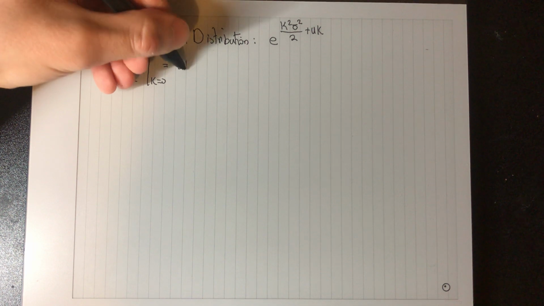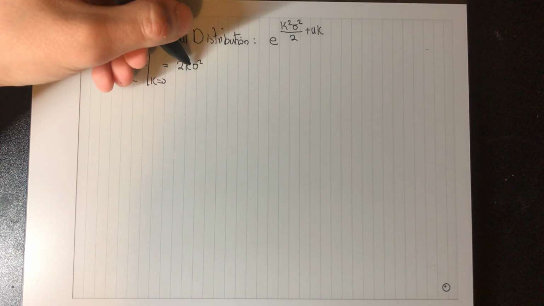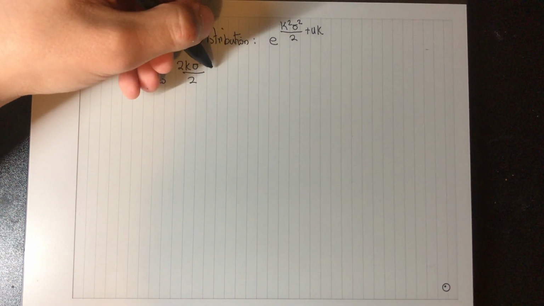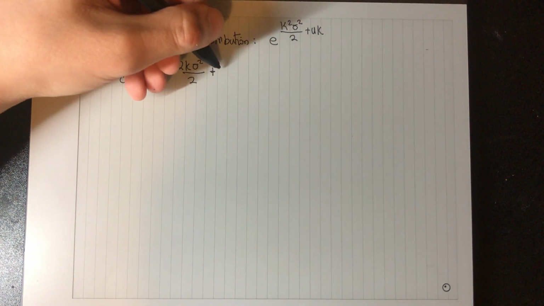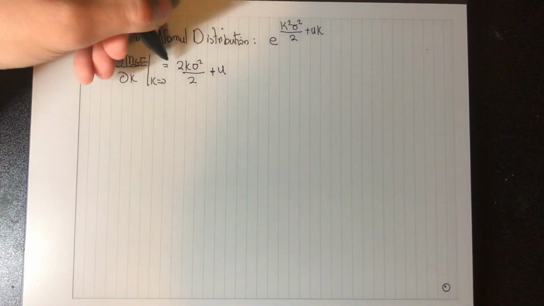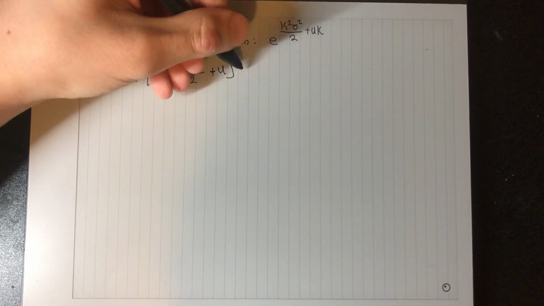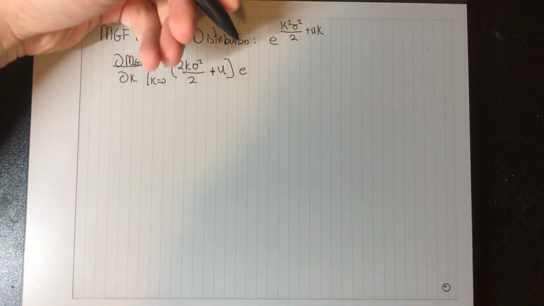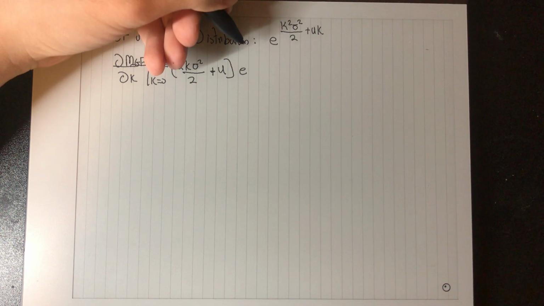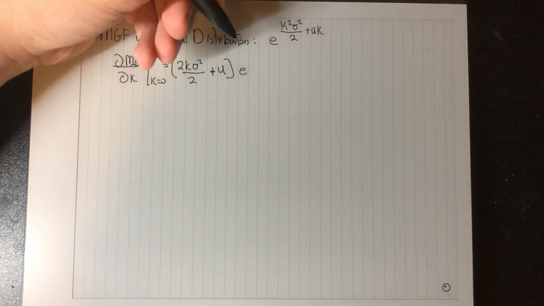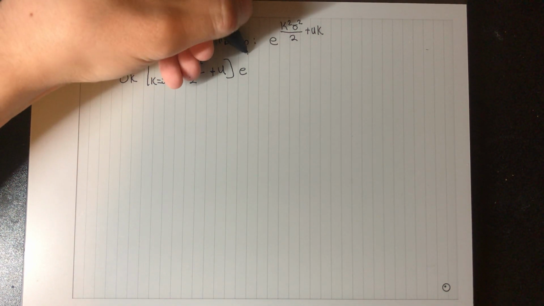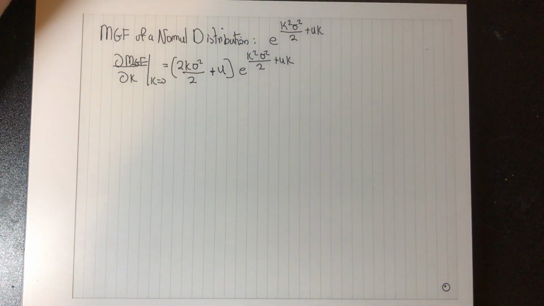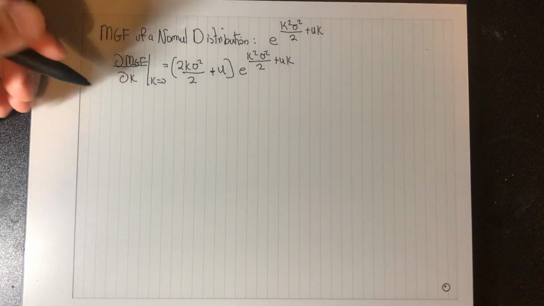So that will be 2k sigma squared over 2, and setting k equal to 0.